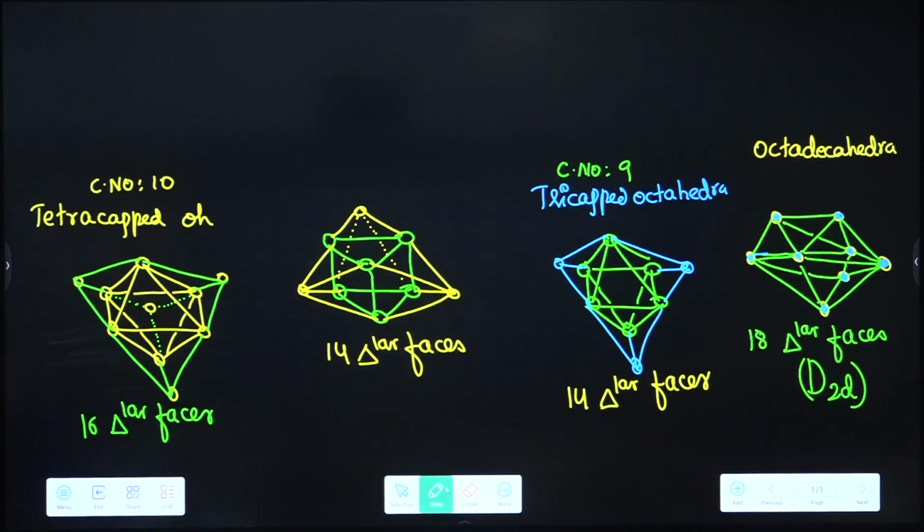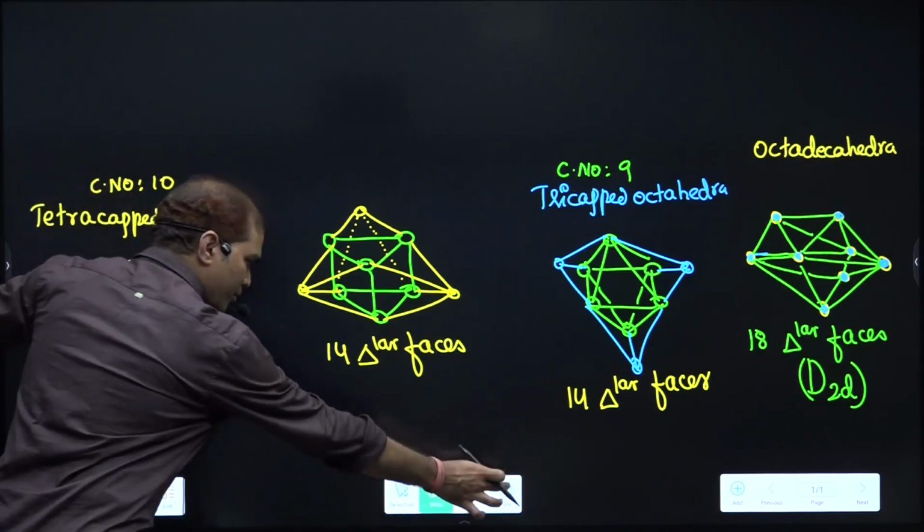For coordination number 9, do you have any other geometry? Coordination number 9. I think trigonal prism tricapped is completed. We have one more geometry, I will show you.